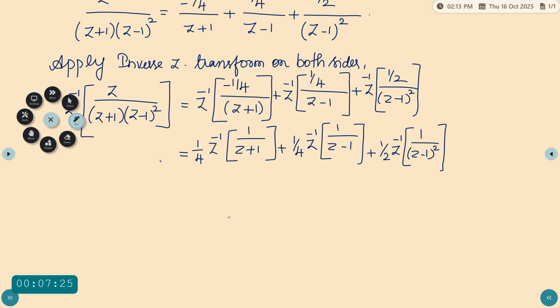Next, using the Z inverse formula, we are getting Z inverse of 1 by Z plus 1.